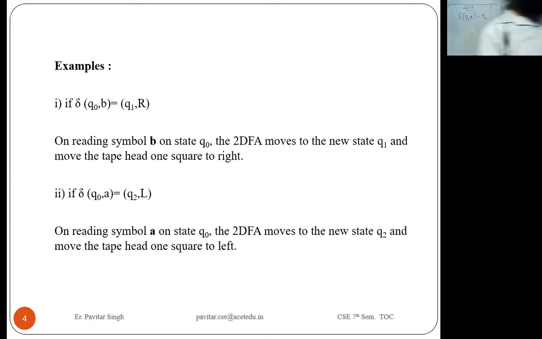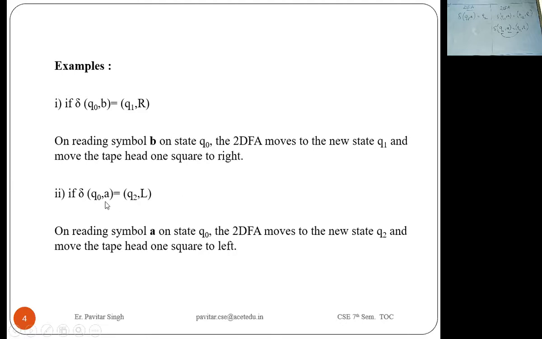So here is the explanation of the first example. On reading symbol B in state Q naught, the 2DFA moves to the new state Q1 and moves the tape head 1 square to the right.